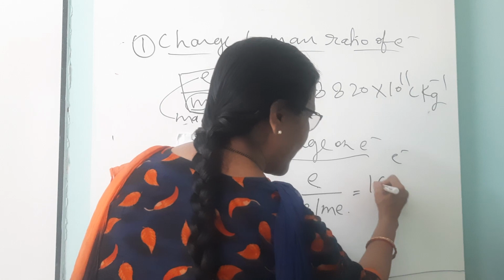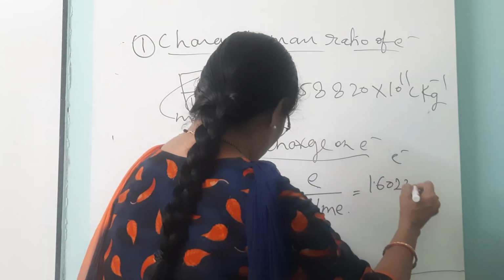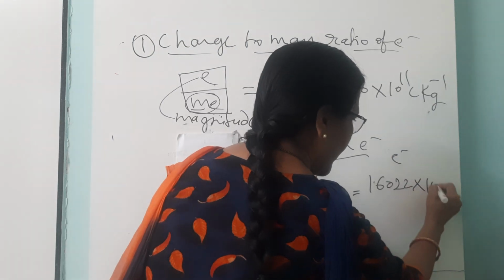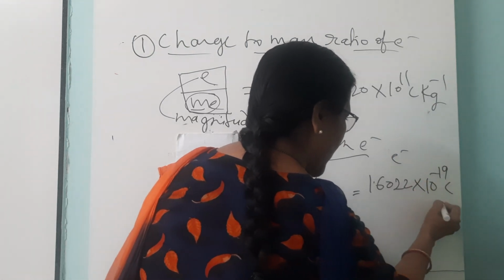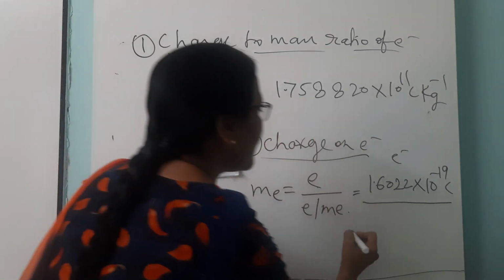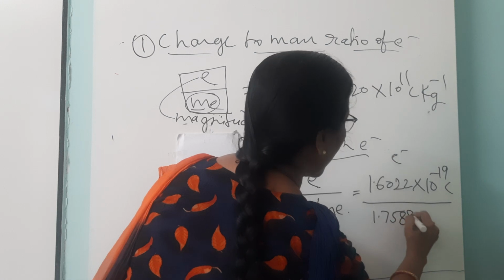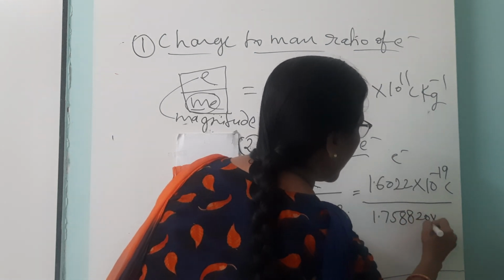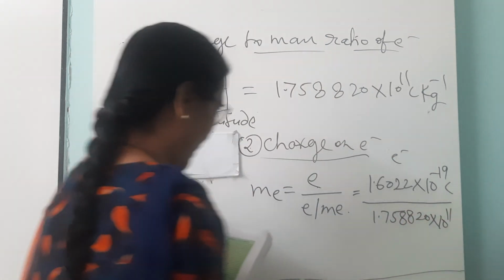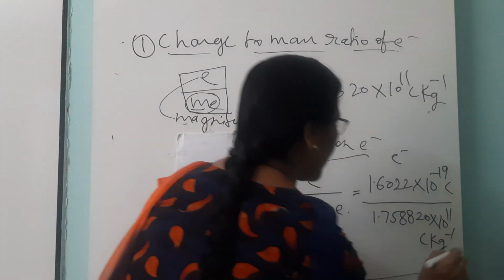You have to remember this: 1.6022 into 10 raised power minus 19 C, upon 1.758820 into 10 raised power 11, and here also I will write coulomb per kg.